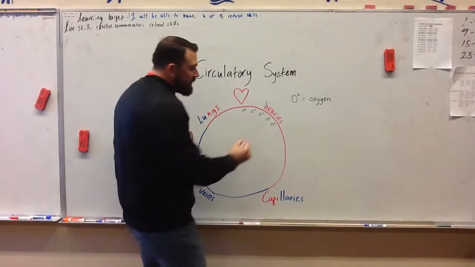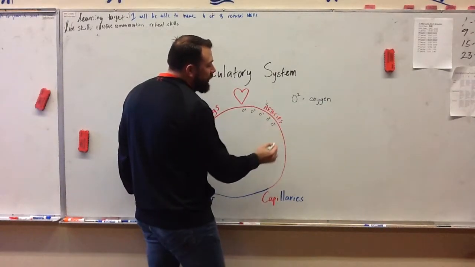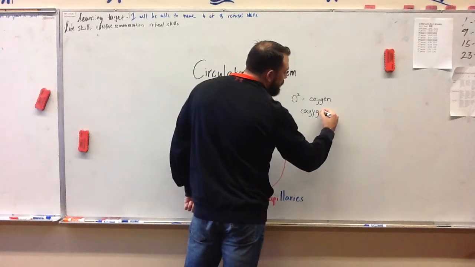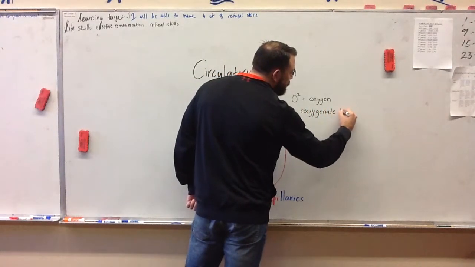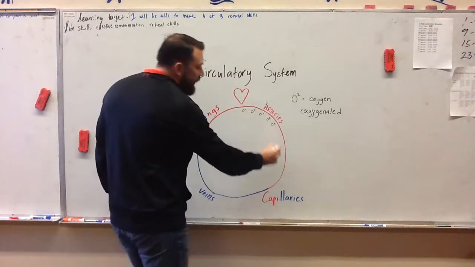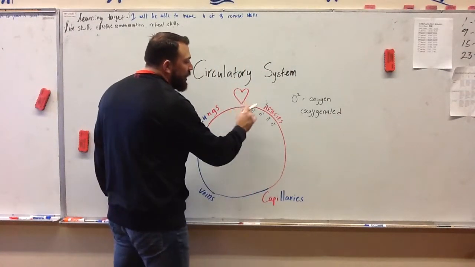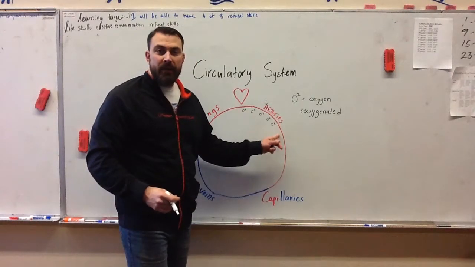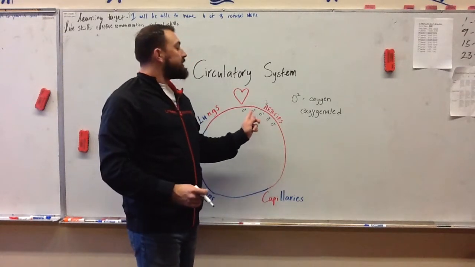For the purpose of this, the blood that goes traveling through the arteries we're going to call oxygenated. The blood that is flowing from your heart through your arteries is full of oxygen, and that's why it's red. Alright? So it's bright red.